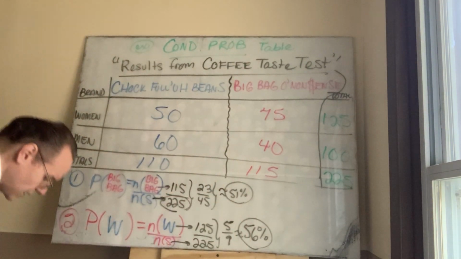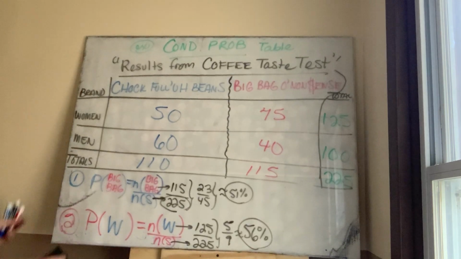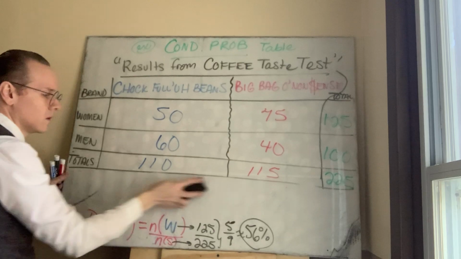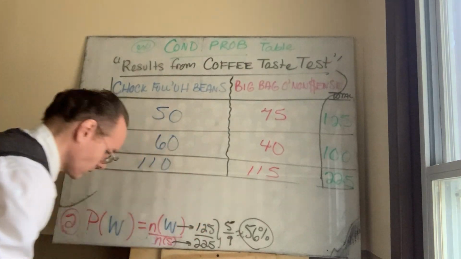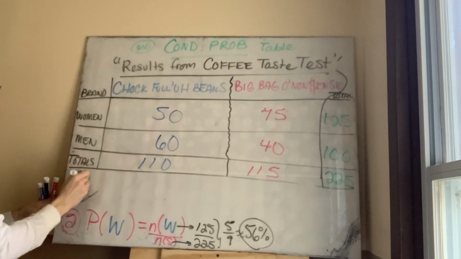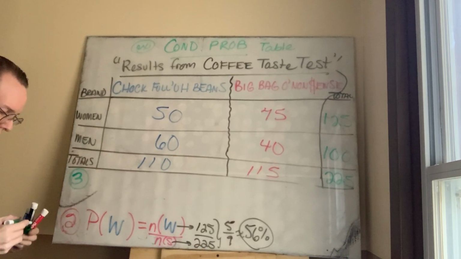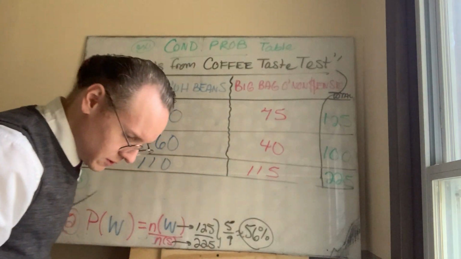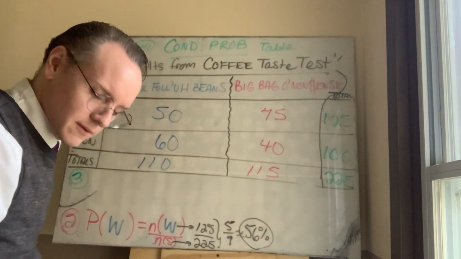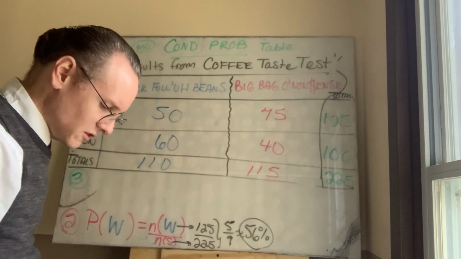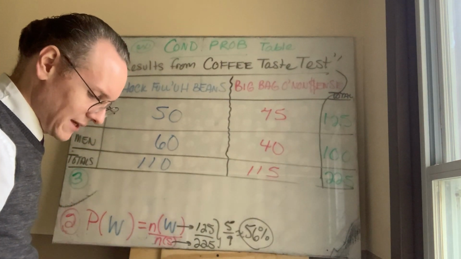Now as we get down to question 3, the probability that the individual selected prefers big bag of nonsense given that a man was selected.